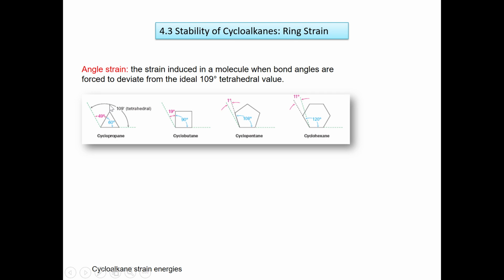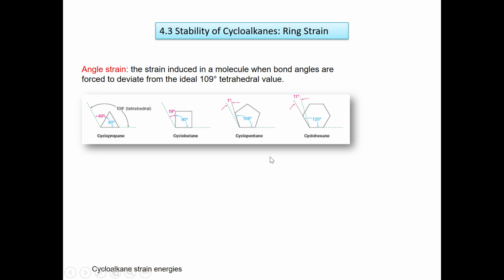If we are forming a triangle, this triangle is 180 in total, divided by 3 angles is 60. That means this angle between these two bonds of the carbon will be 60. In the case of cyclobutane, it will be 90. In the case of cyclopentane, it will be 100-something. In the case of cyclohexane, it will be 120.